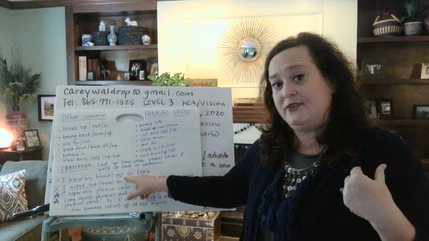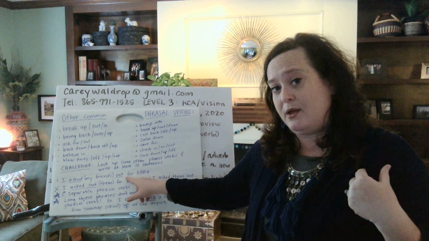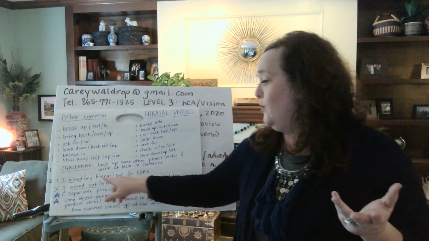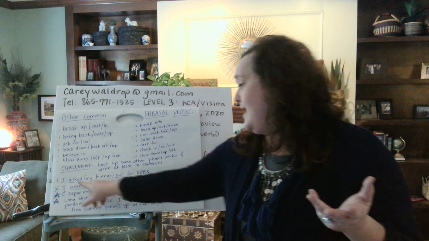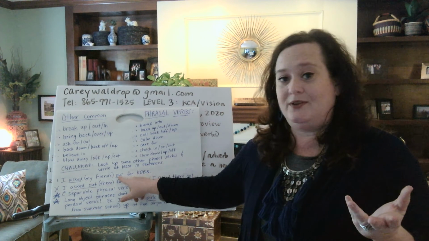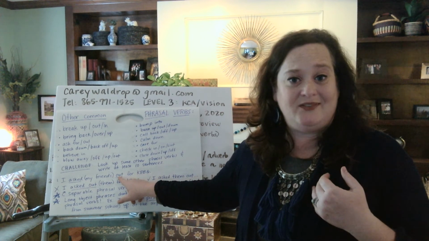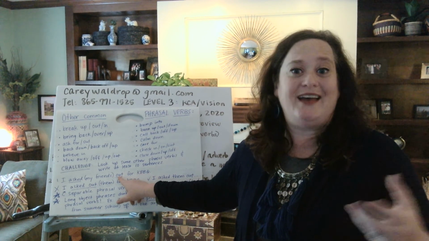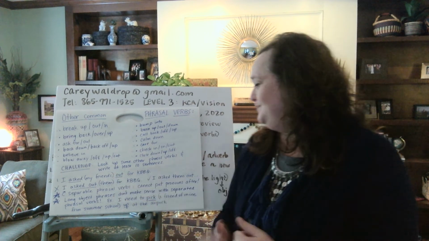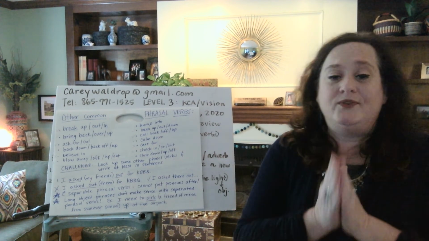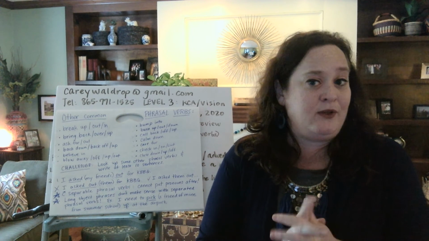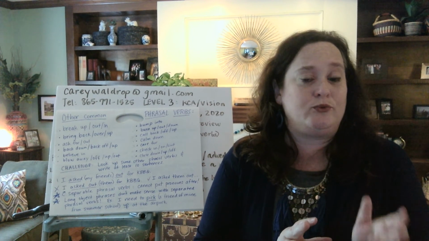So did I separate the phrasal verb? Yes. What is the phrasal verb? Ask and out, or in this case, it's past tense, asked out. Okay? Now, something I need to tell you, I think it's an important rule.